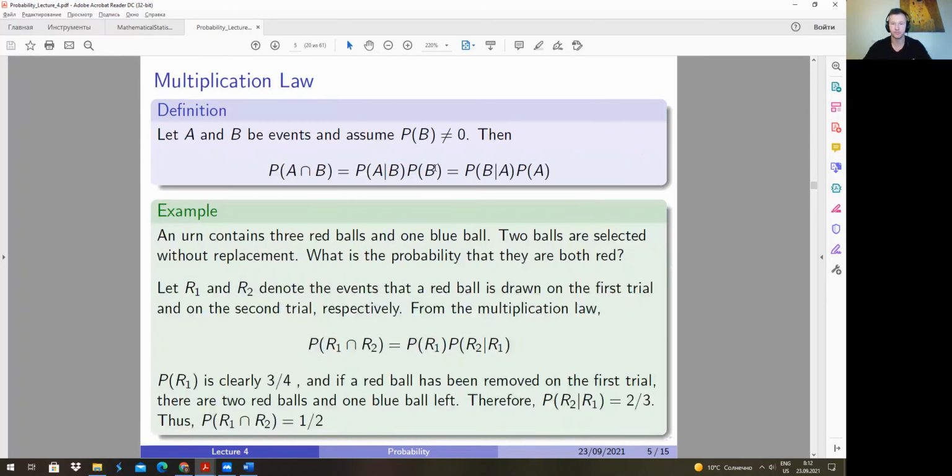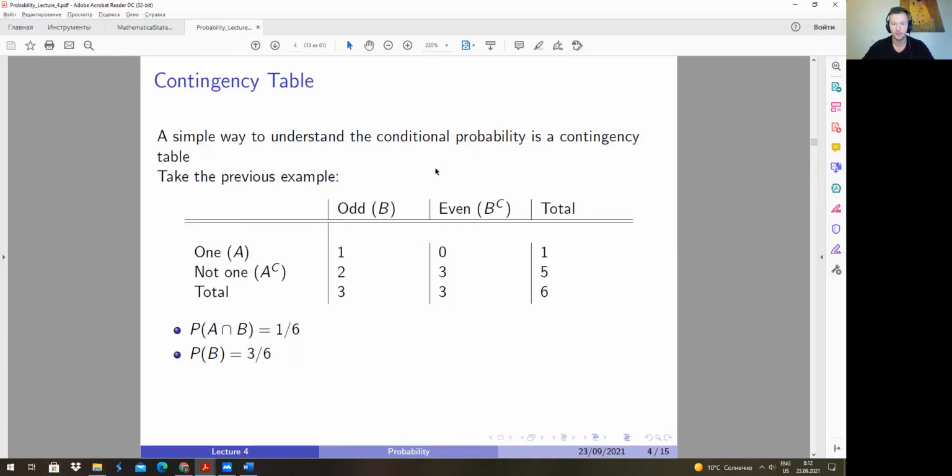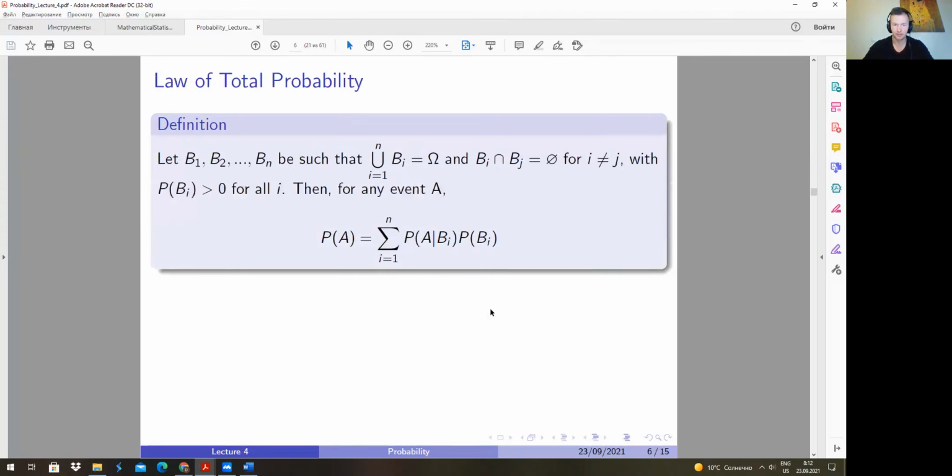Remember, in this example, events B were odd and even numbers. This is B1, this is B2, and their union is the whole sample space, either odd or even numbers in this example.